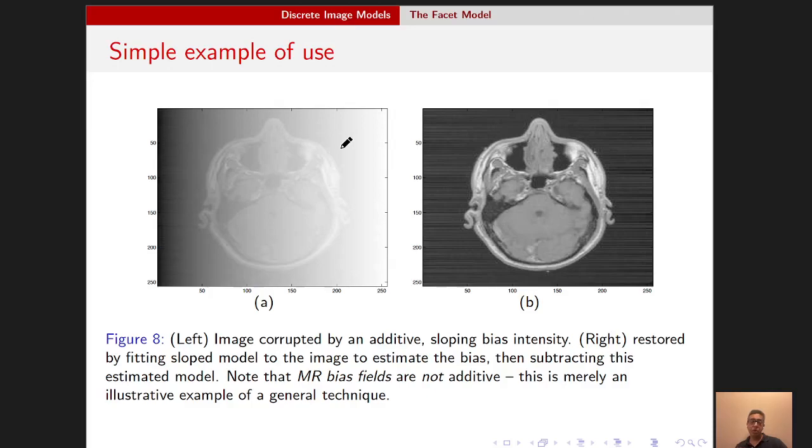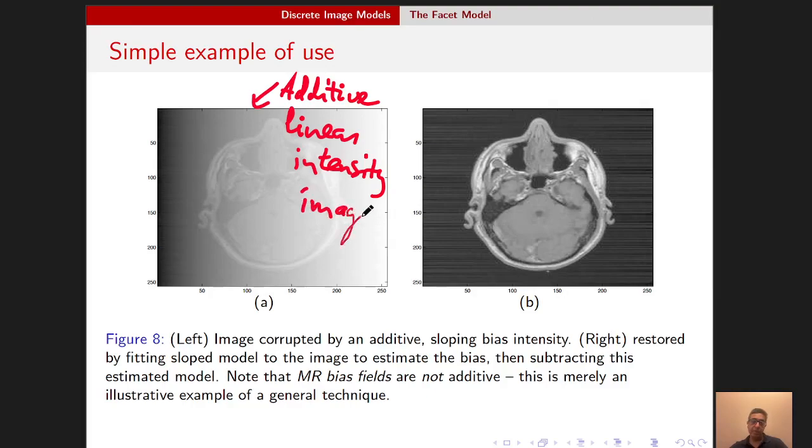And in order to go from the image on the left, so there's a basically additive linear intensity trend. I'm writing all over the image, which is very bad form, but what can you do? Space is limited.